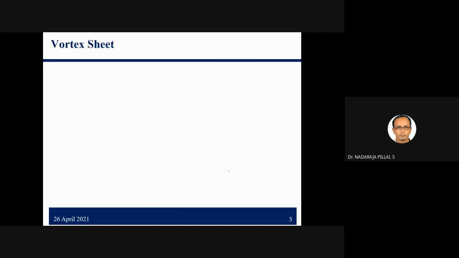Now let us start with the vortex sheet. We already know what the vortex is, right? Say, for example, if I say the vortex is about this point, then one can draw the vortex like this.